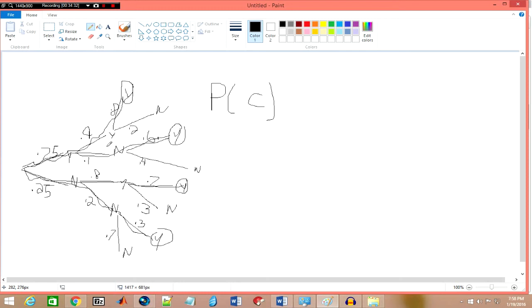So give me a minute while I put all the lines down. So 0.75 times 0.9 times 0.8, that's equal to 0.54, 0.25 times 0.1 times 0.6 is equal to 0.015.